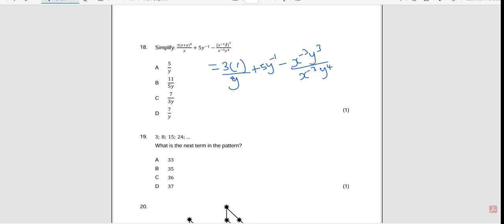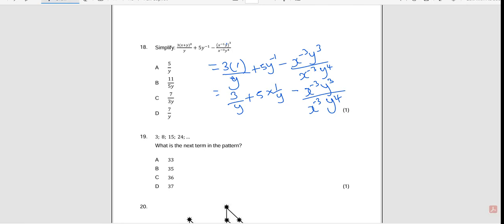So here it's going to be 3 divided by y plus 5 multiplied by 1 over y, because we know that any number that has a negative 1 exponent is 1 over that number or variable, minus x to the exponent of negative 3 times y, 3 divided by x to the exponent of negative 3, y to the exponent of 4.